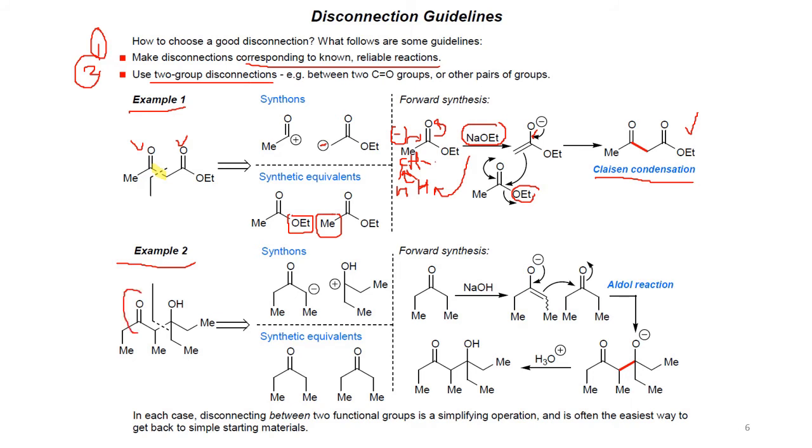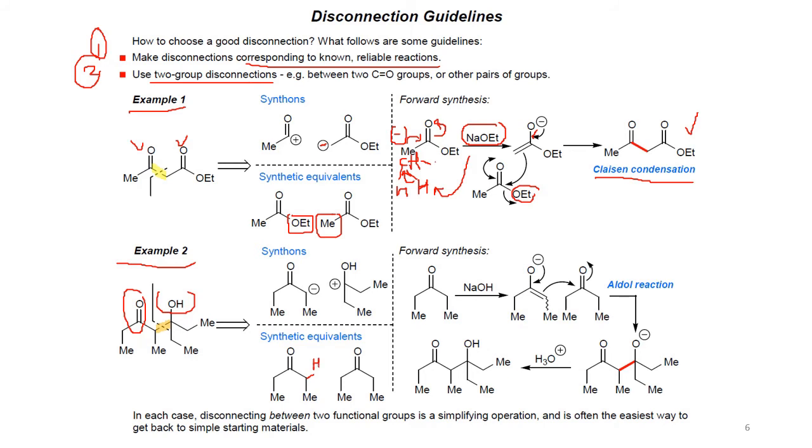Example 2 is also two-group disconnection. You have C=O here and OH here, so you break the bond in between these two functional groups. You get these two synthons, minus and plus. For the synthetic equivalent of the minus, you add hydrogen, so it is Me, and the molecule is now neutralized.